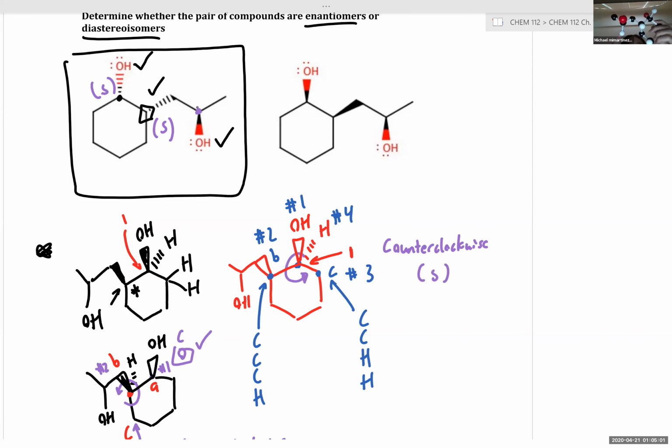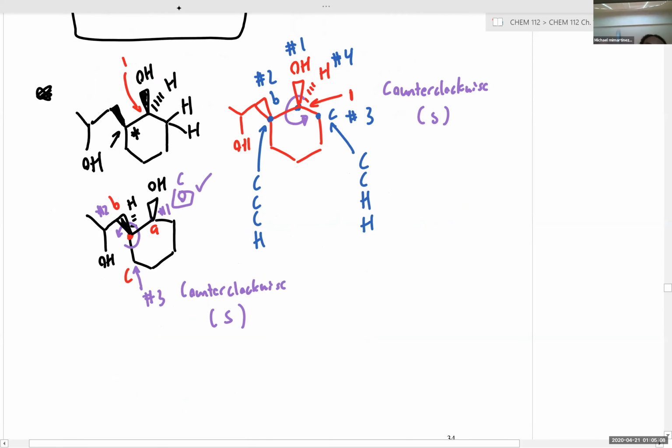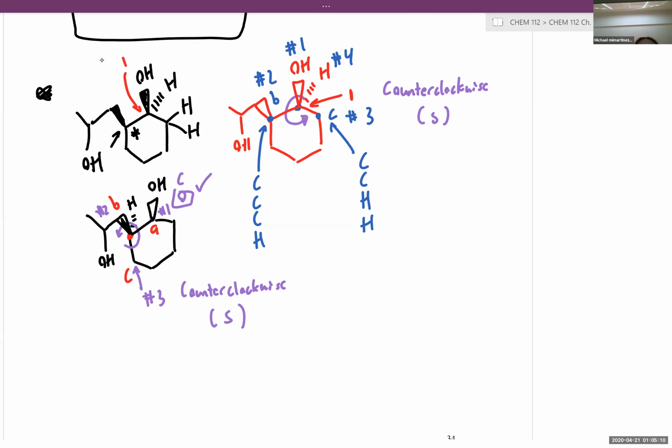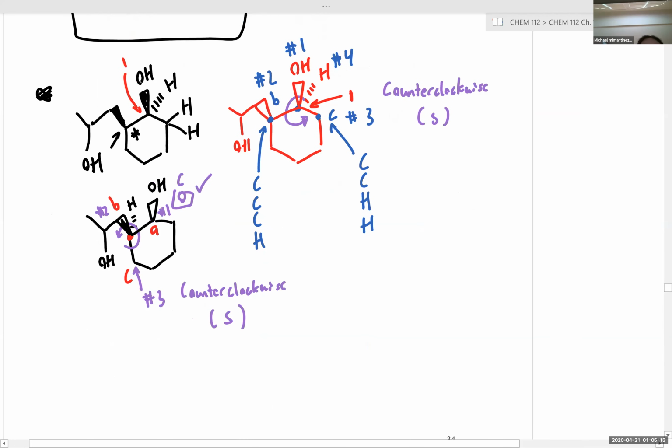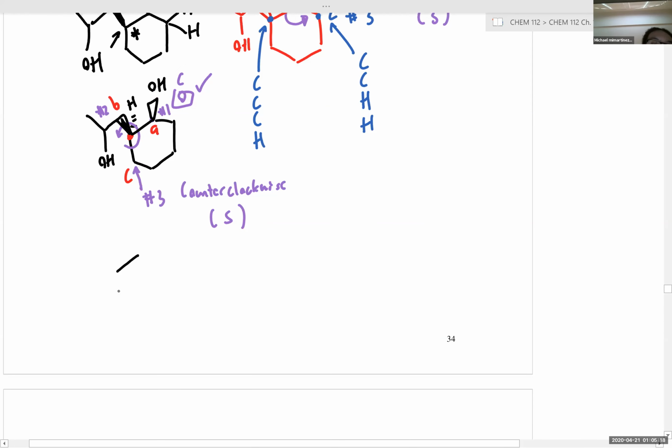So since the hydrogen's already in the back, I just draw my molecule as I see it, as it's originally drawn. Okay, so we have our molecule exactly as originally drawn.